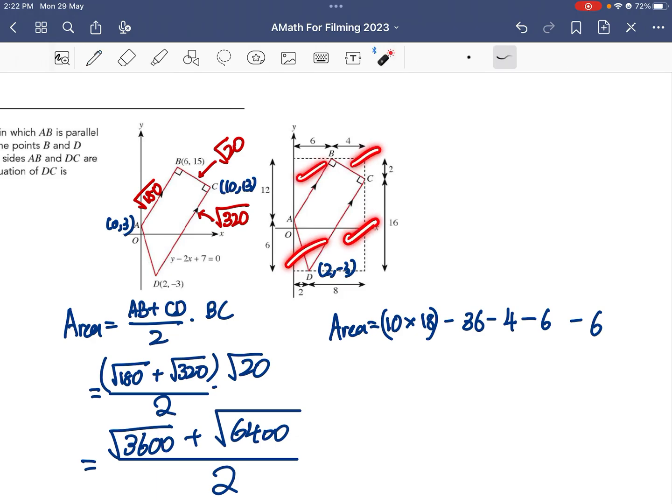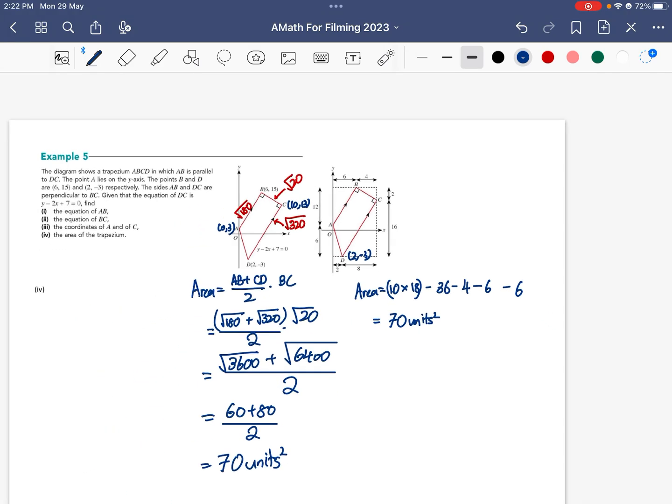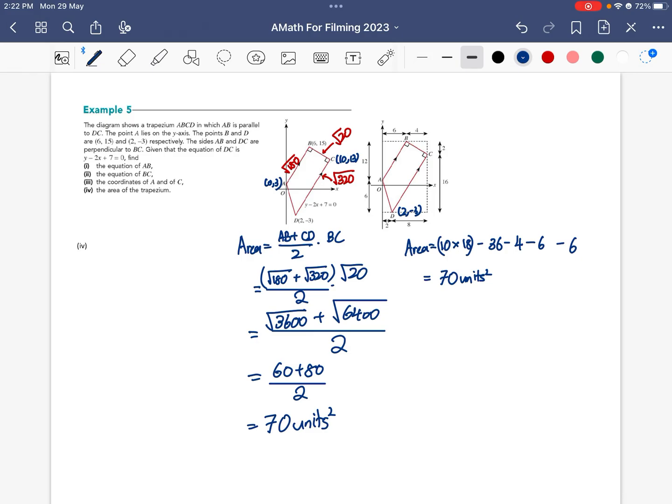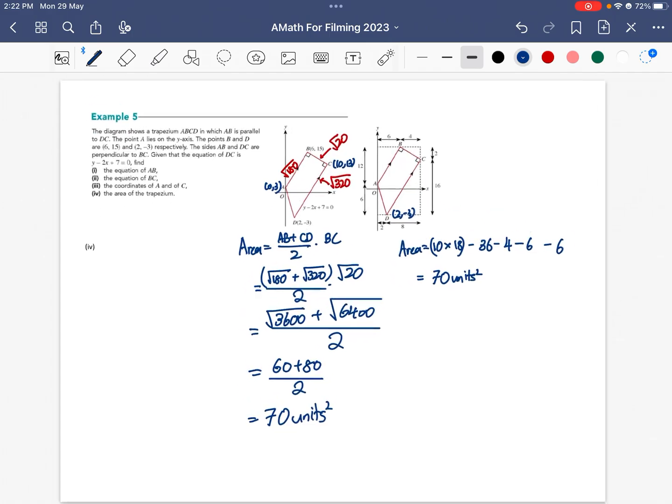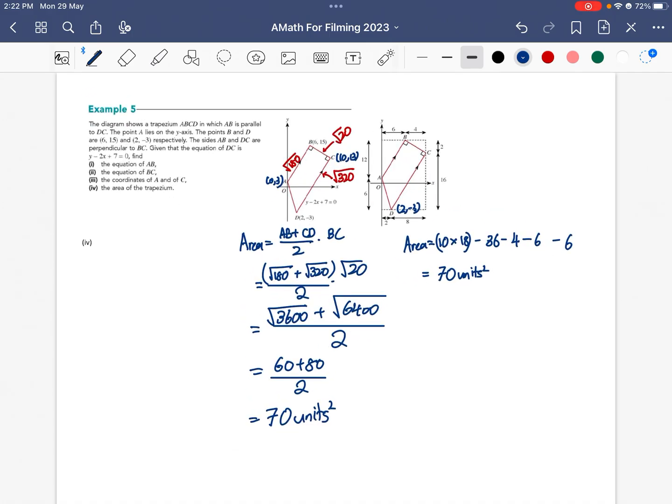So what I'm doing is to minus away the area of these 4 triangles. So my area in this case will also give me 70 units square, which is the same value. But don't worry too much about this. We'll come to the shoelace method again soon. Alright, now I will pause this video, then I will finish up with part 2.